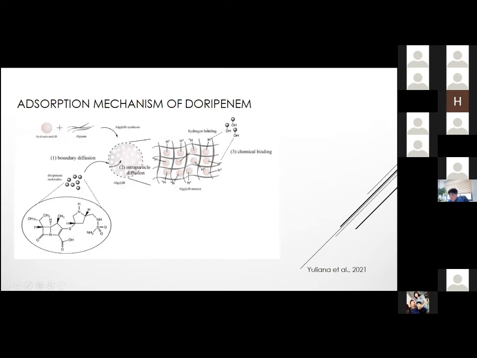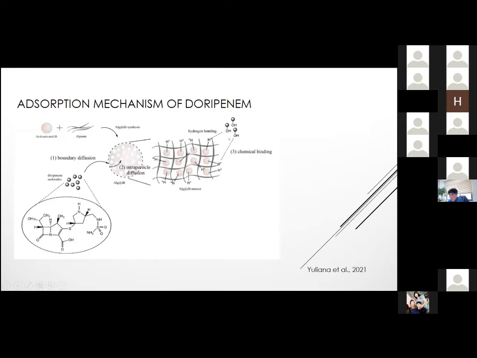So from this model, our initial deduction regarding the absorption mechanism is that the absorption of doripenem is more likely because of chemical binding activity between the composite itself and the doripenem molecules.